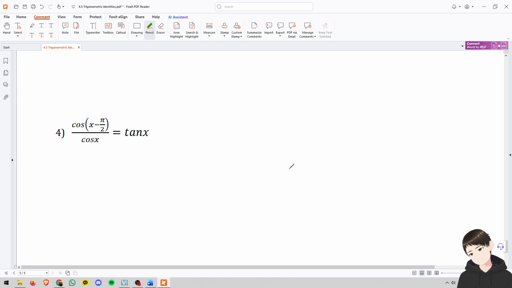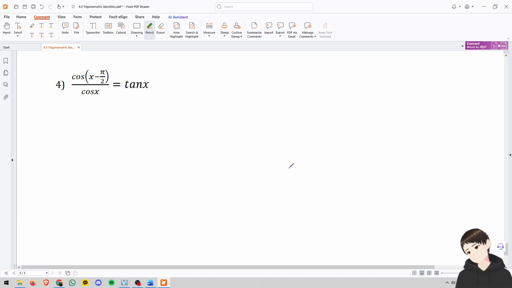Number 4. I could look at this as a double angle formula or a compound angle formula. I could also consider this to be some form of correlated ratios.